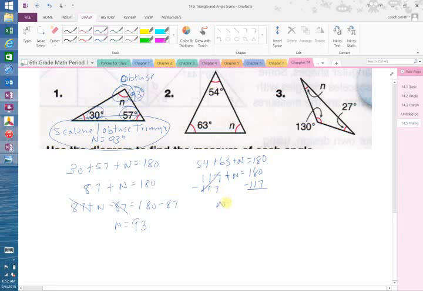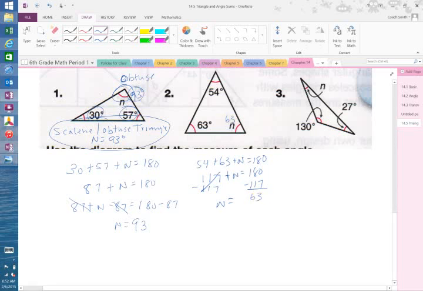That cancels. What is 180 minus 117? I'll give you a hint. It's already up there, but anyway. Noah. 63. 63 degrees is what n is.